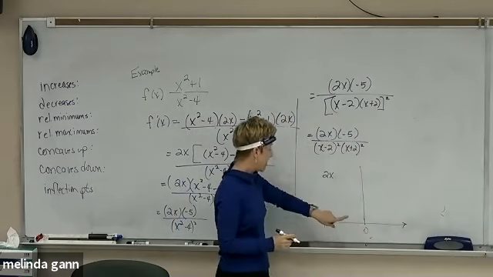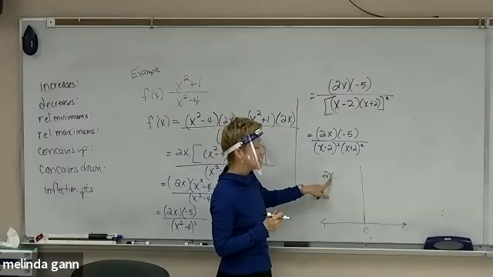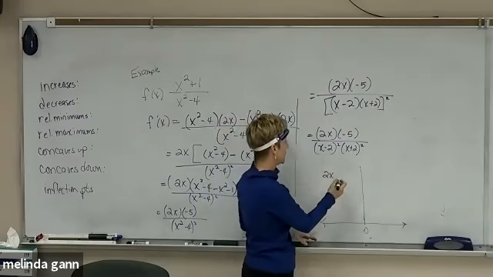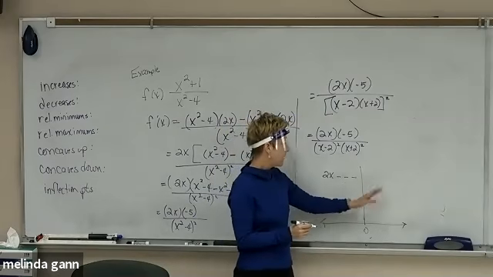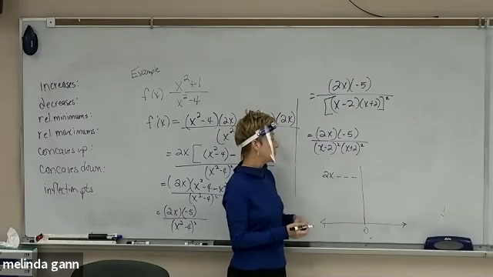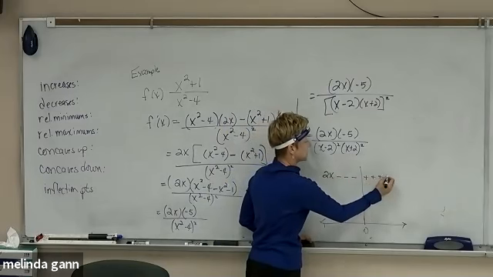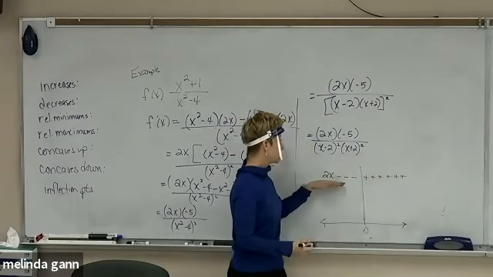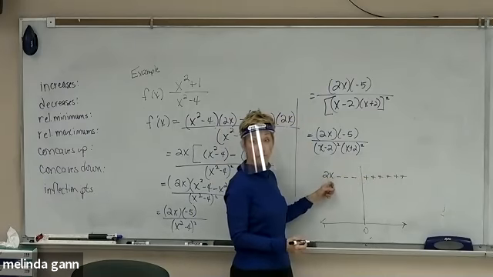All right, give me a number smaller than 0. -1. What's 2 times a -1 going to be? Positive or negative? It's going to be negative. If I pick a number bigger, like 1 or 2, and I multiply it by 2, what's going to happen when you multiply a positive number by 2? It's going to stay what? Positive. So does everybody understand why those positives and negatives are the way that they are on this factor?